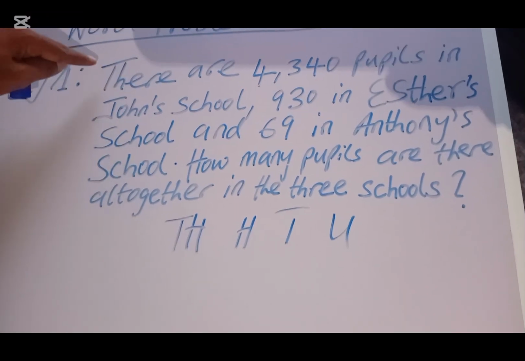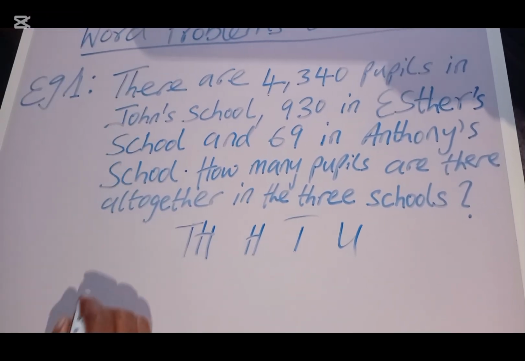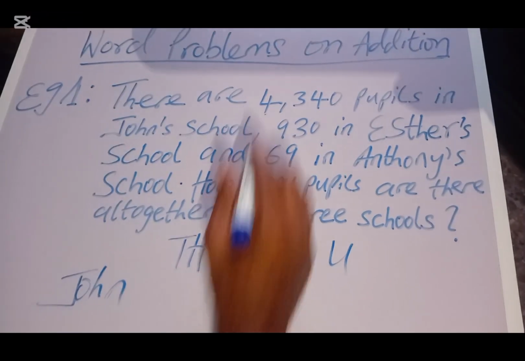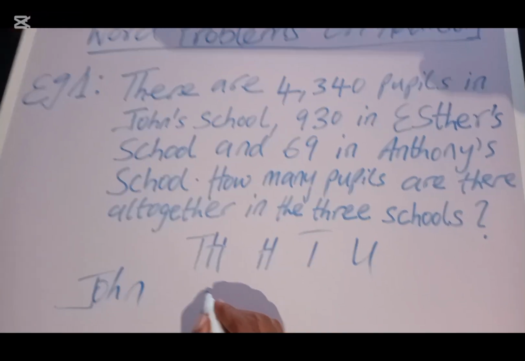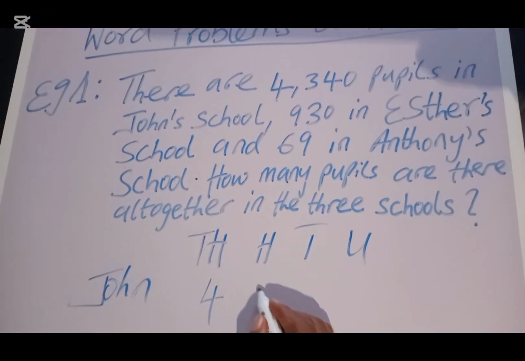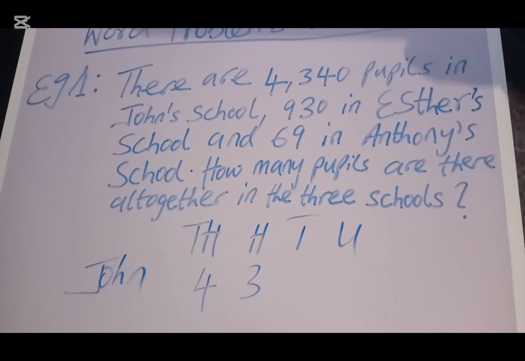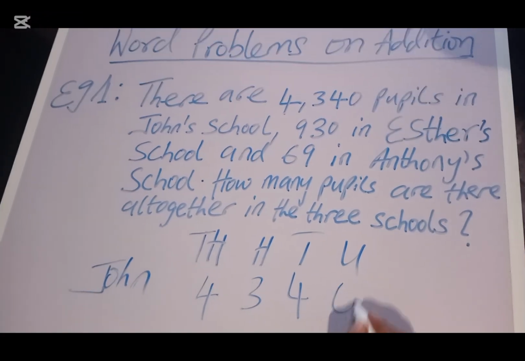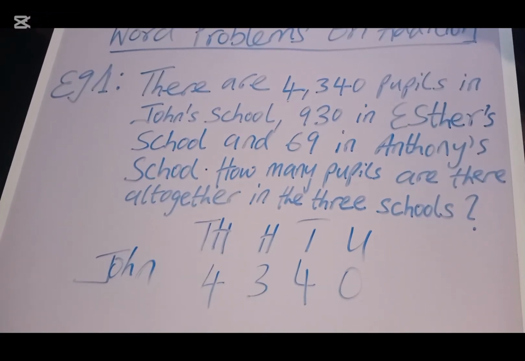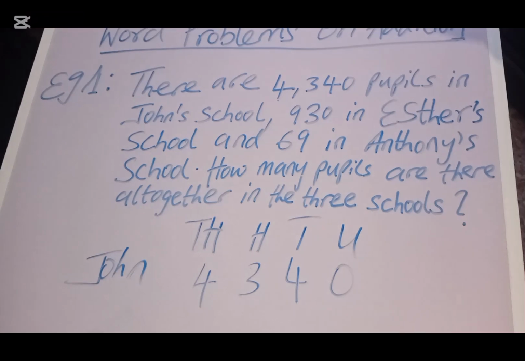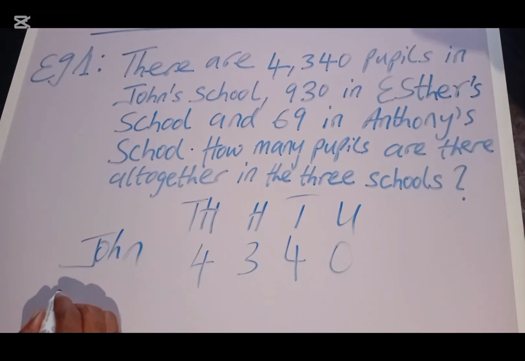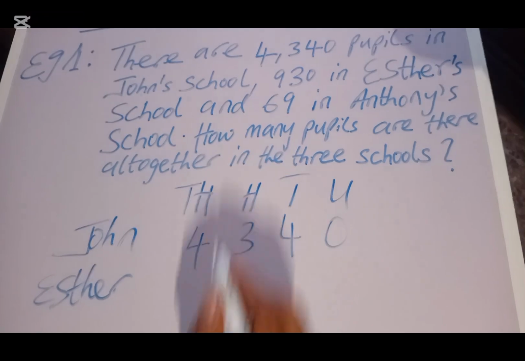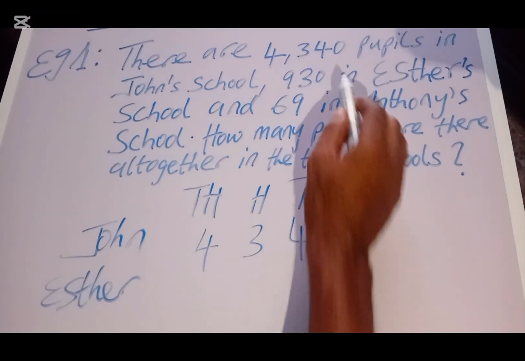Then for John's school, for John we have 4,340: 4 under 1,000, 3 under 100, 4 under tens, and 0 under unit. Then for Esther's school, you have 930.